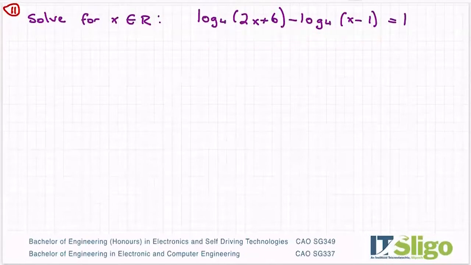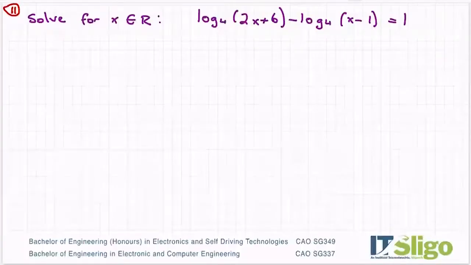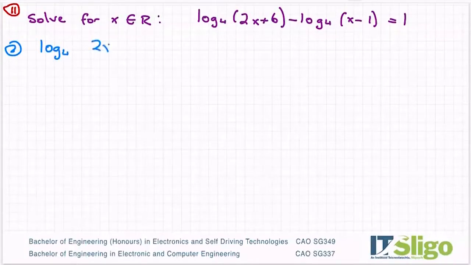So that's rule 1, rule 2, rule 3, for example. It's using rule 2. I could write this, they're both log to the base 4, so it's the top one over the bottom, the first one over the second one, and that's equal to 1.